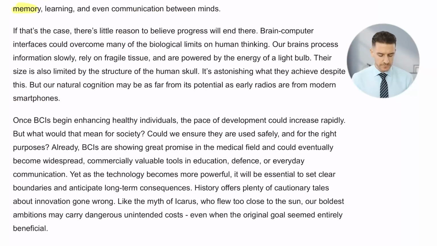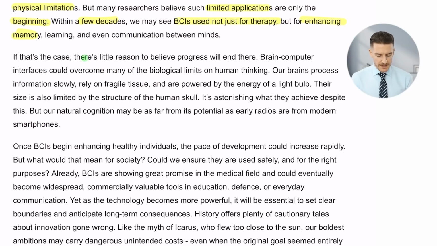All right, so let's go up to the second paragraph and we'll see what the writer is saying. So here it is. There's little reason to believe progress will end there. Okay, so he's saying that there will be further development with these BCIs. Brain-computer interfaces could overcome many of the limits of human thinking. Okay, our brains process information slowly, rely on tissue, and are powered by the energy of a light bulb, so not much energy.